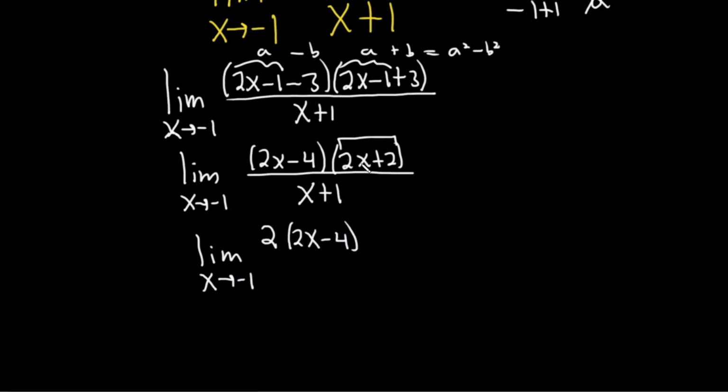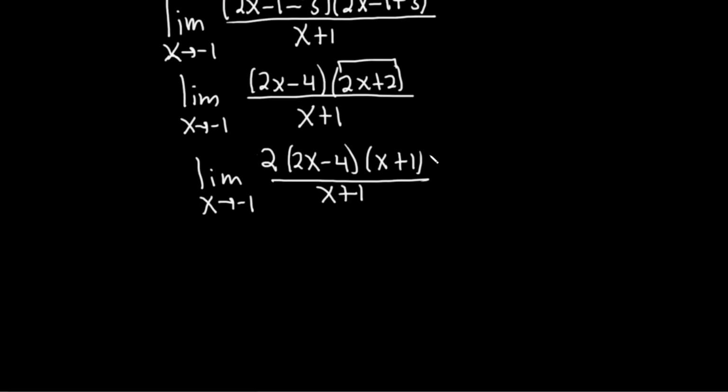And since we pulled out a 2 from the 2x, it's going to be an x, and we pulled out a 2 from the 2, so it's a 1. Instead of putting it here, we put it in the front. It's all divided by x plus 1. Kind of an interesting problem, I think. And these cancel. So this is the limit as x approaches -1, and this is all over 1, so you just get 2 times 2x minus 4.